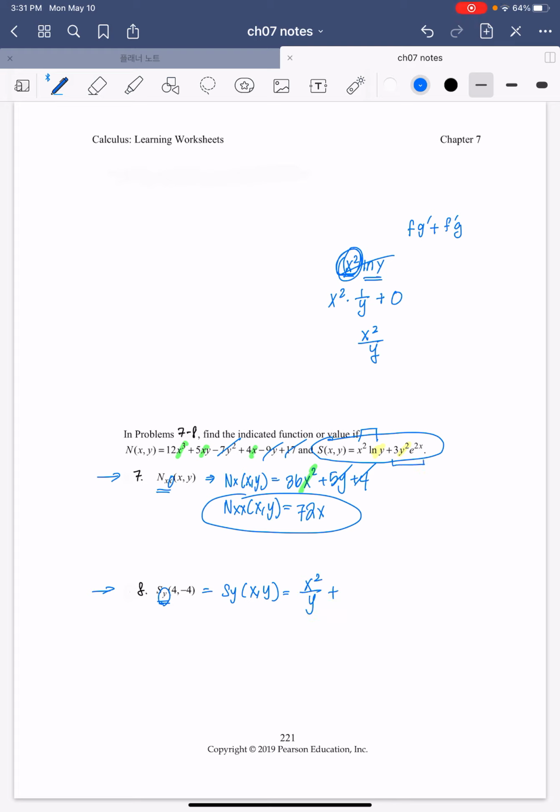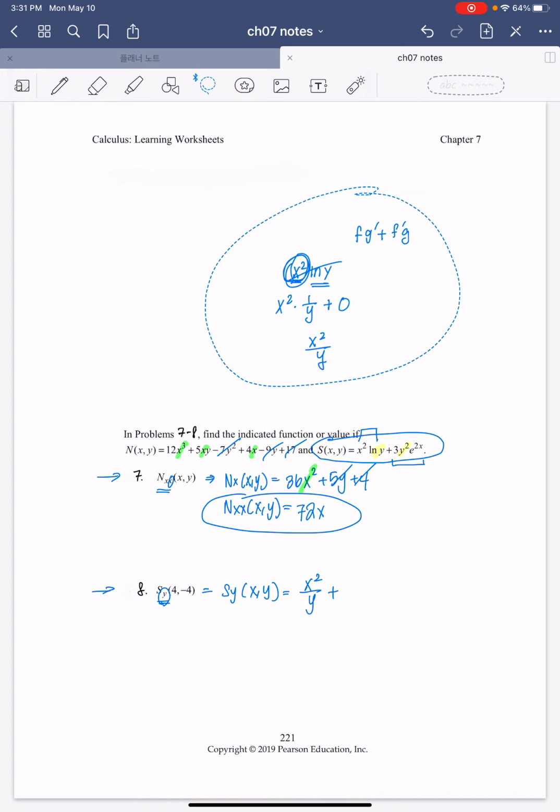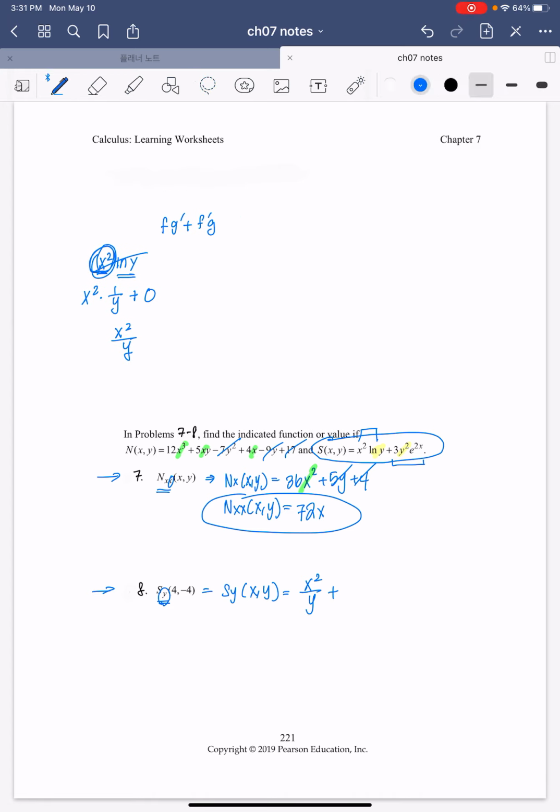Second one here is also, again, a product rule. So let me write it out. So 3 e to the 2x times y squared. Let's do that. So this will be my f, this will be my g. So let's take the product rule. So this will be 3e to the 2x, derivative of y squared will be 2y.